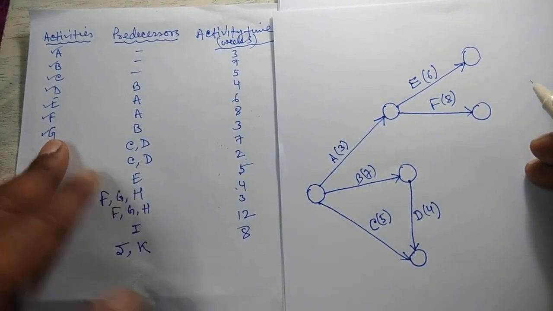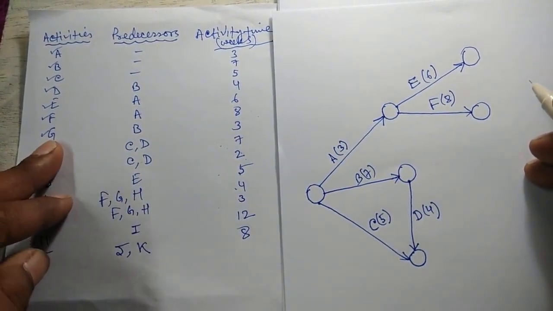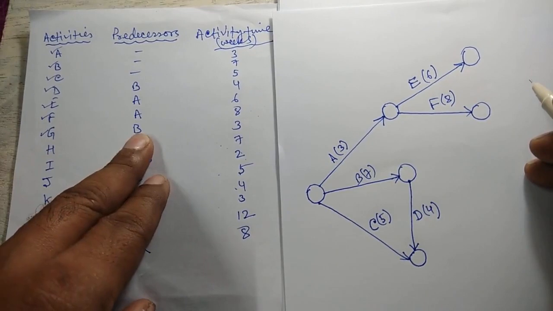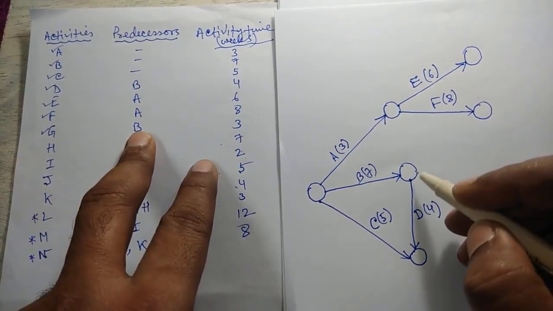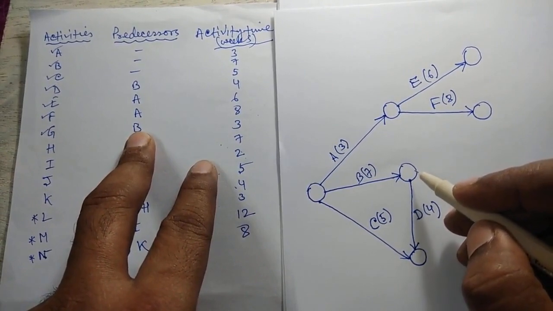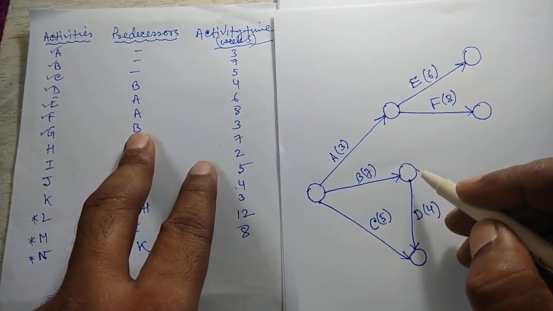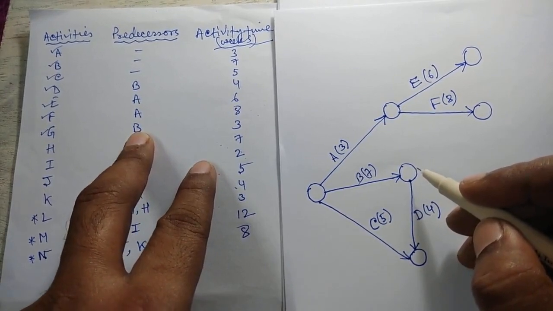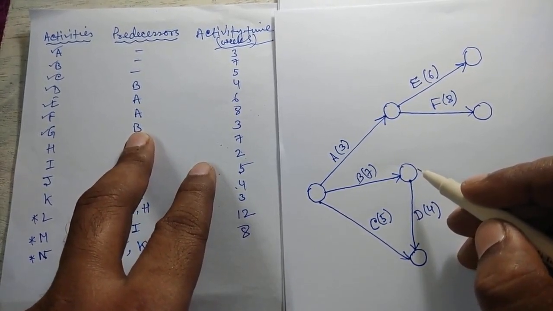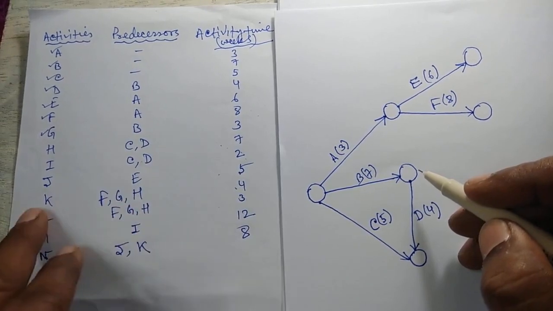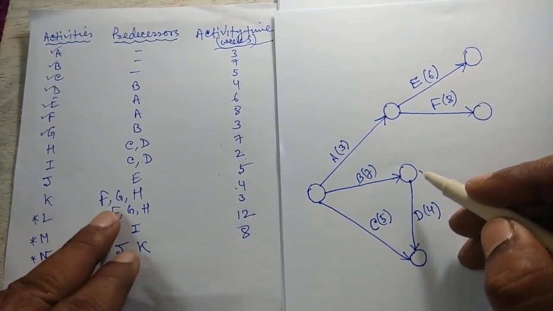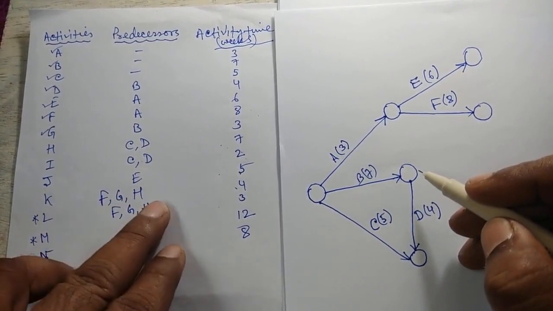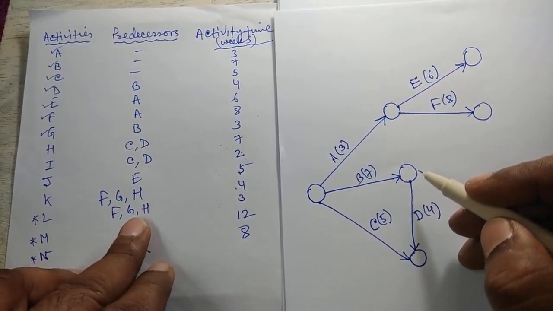Now G. For G, the predecessor is B. So from here, G will start. But we have to see for which activities G is the predecessor. Now see here, for K and L, F, G, H three activities are the predecessors.